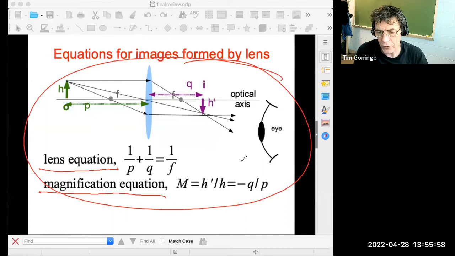Something that converges has a positive focal length. And as you know, you'll get a table of conventions with your exam. There's also conventions about the meaning of positive or negative object positions, positive or negative image positions, and so forth. You could choose, if you wanted, a different convention, and as long as you stick to it, it would be okay. But we normally always stick to the same convention, that diverging is negative, converging is positive.